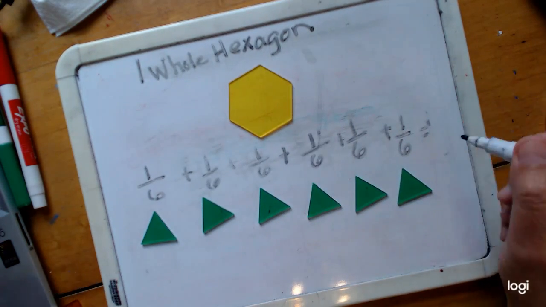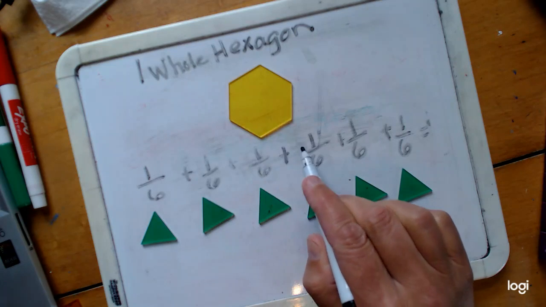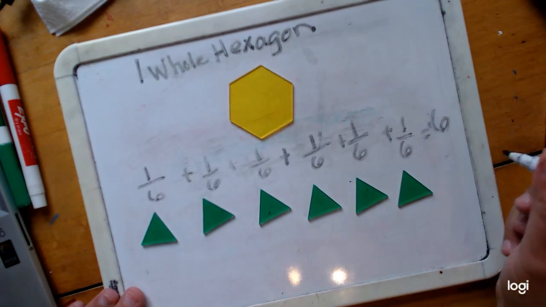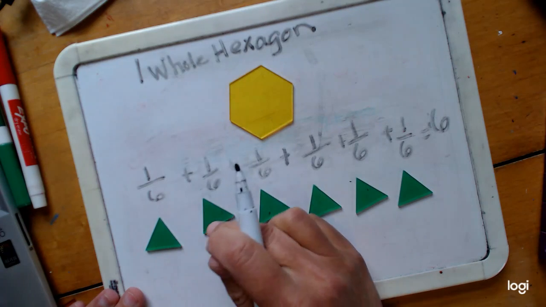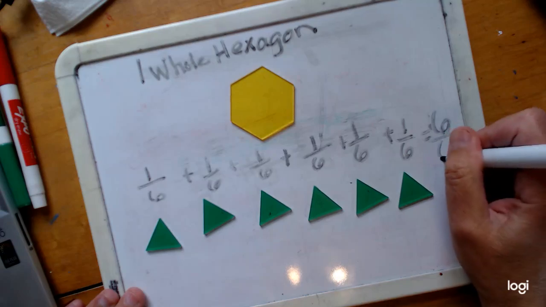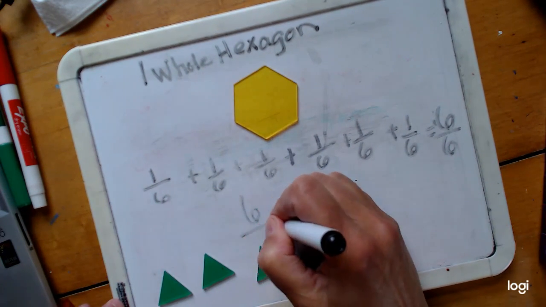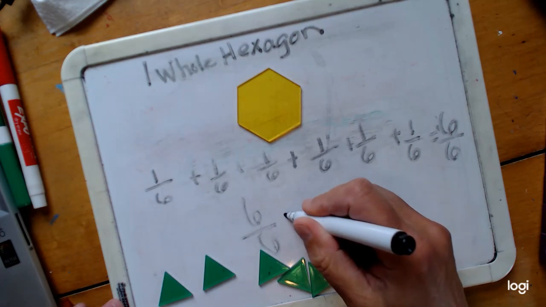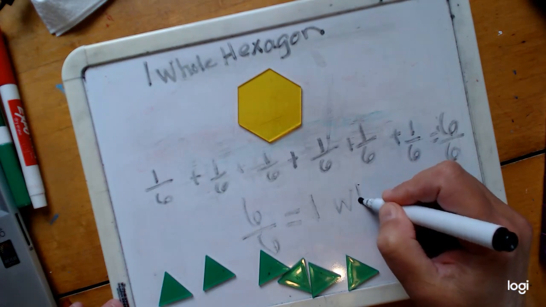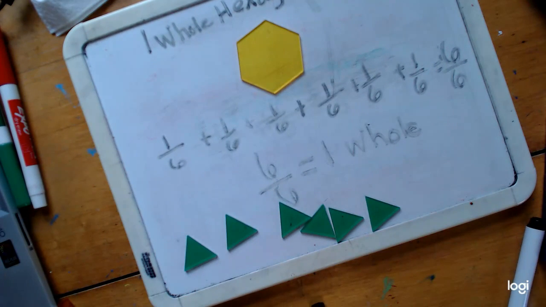Okay, how many 6? 1 plus 1 plus 1 plus 1 plus 1 plus 1 equals 6. And we know we have 6 parts of one whole, so we leave 6 in the denominator. And 6 over 6 equals 1 whole. Nice. Good job.